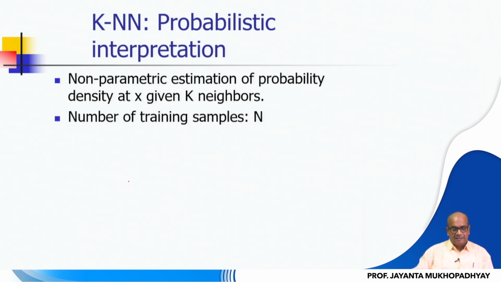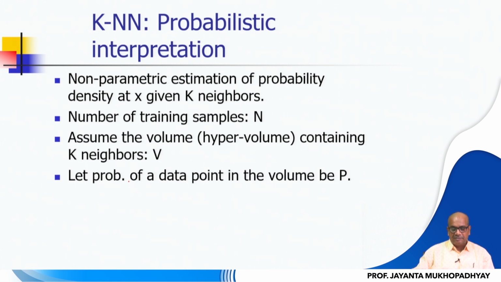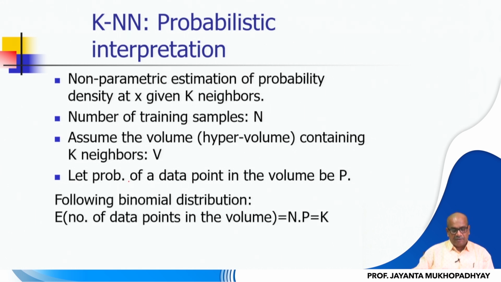Suppose your number of training samples is n, and assume the volume containing k neighbors is V. If the probability of a data point in that volume is P, following a binomial distribution, the expected number of data points in that volume is n into p equal to k.